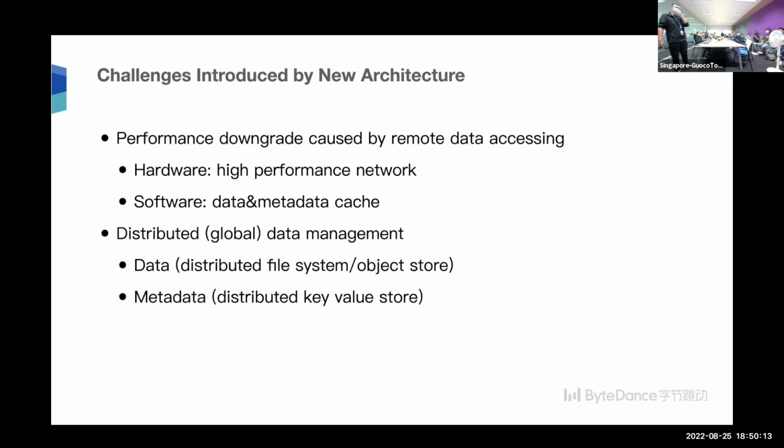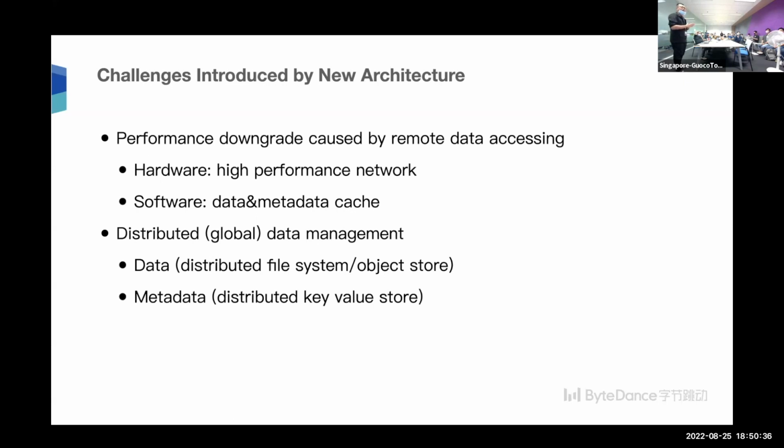So let's review the new architecture, the disaggregated computing and storage architecture. The first challenge we met is the performance degradation caused by remote data access. How should we solve it?